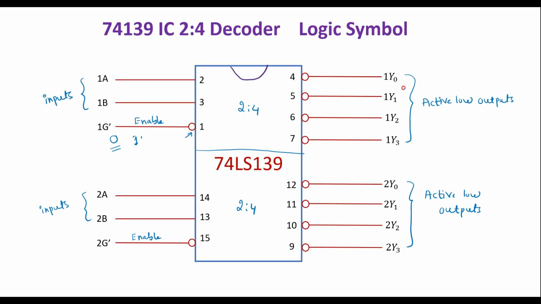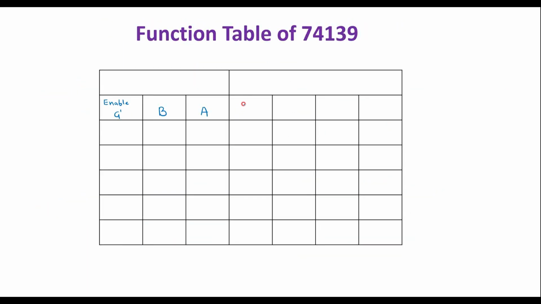Similarly, we have four active low outputs, that is Y0, Y1, Y2, Y3. So here these three are inputs and these are outputs.